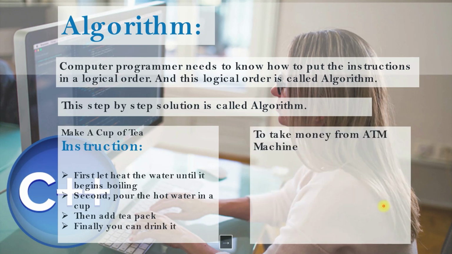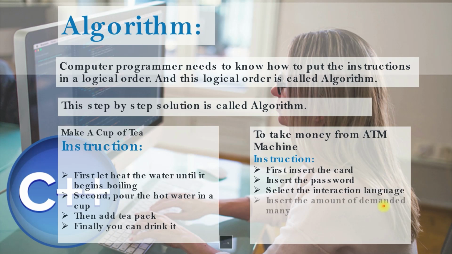Another example. For example, how to take money from an ATM machine. This is a problem that you have, and you have to make a step-by-step solution for it. First, insert the card. Second, insert the password. Third, select the instruction language. Fourth, insert the amount of money demanded. Fifth, confirm. And sixth, finally, you can get the money.